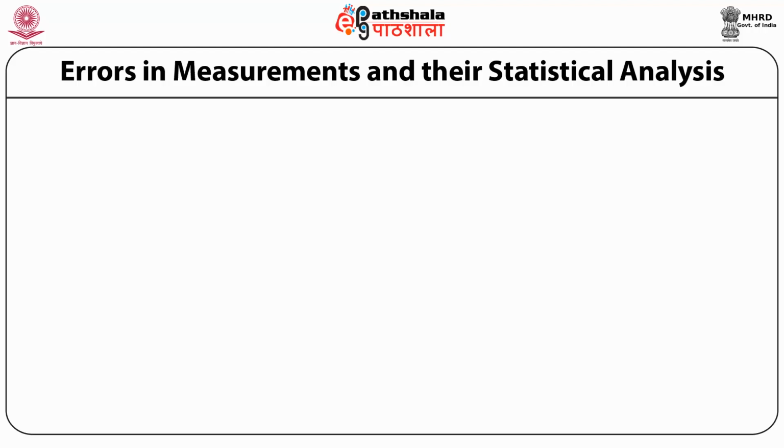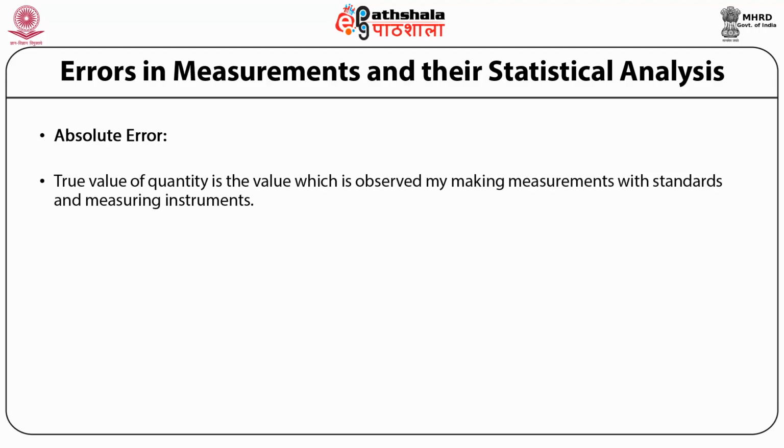First, there can be an absolute error. The true value of a quantity is the value which is observed by making measurements with standards and measuring instruments. However, there is always a difference between the measured and the true or exact value of a given unknown quantity.